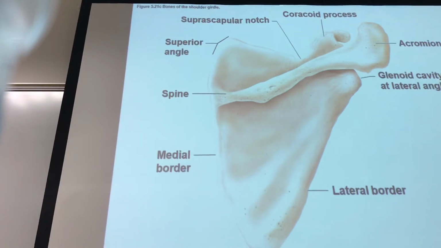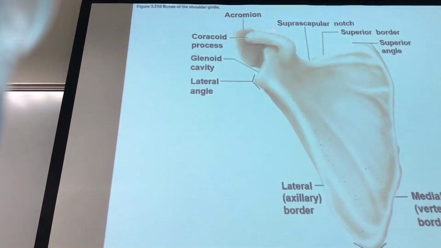In the front of our scapula, we have a little nose-looking projection here. This is called the coracoid process. And I think I have an anterior picture here, which will show it a little better. So you can see the coracoid process right here, as we look at it from the anterior point of view.